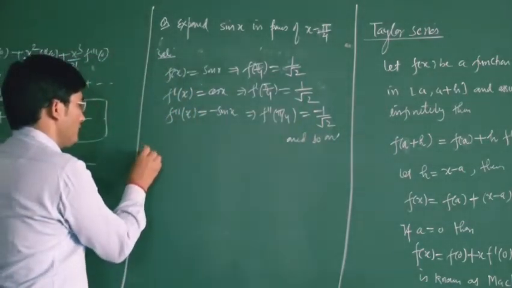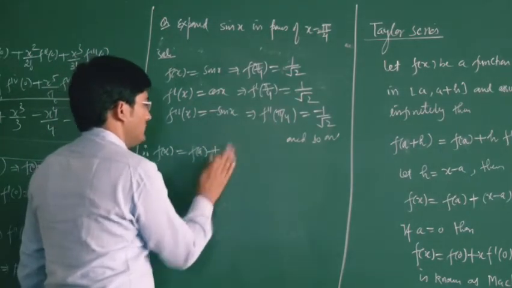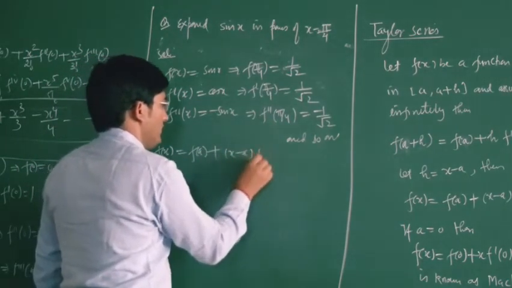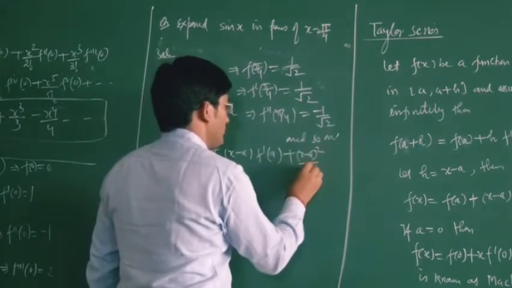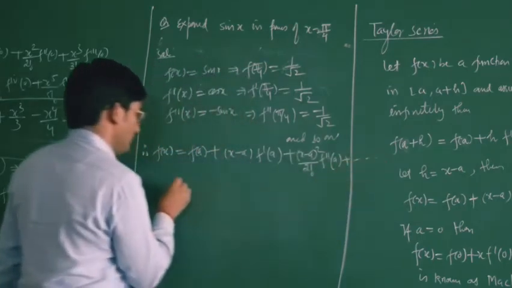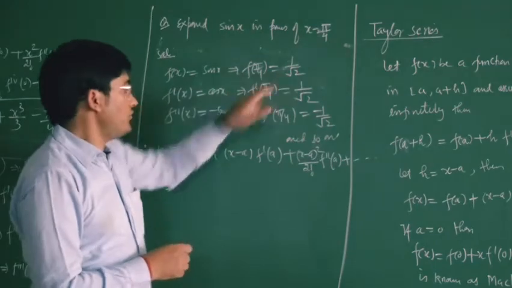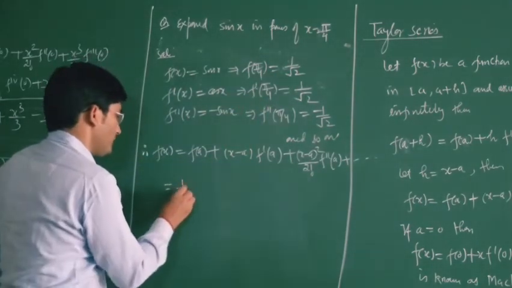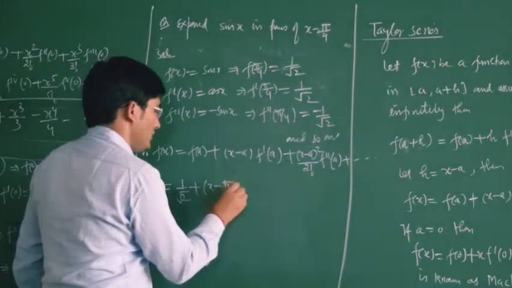Therefore your f(x) will be f(a) plus (x minus a) f dash a plus (x minus a) whole square upon factorial 2 f double dash a, and so on. So f(a), let us assume a equal to pi by 4. So the first term is 1 by root 2, then we have (x minus pi by 4) into f dash a.